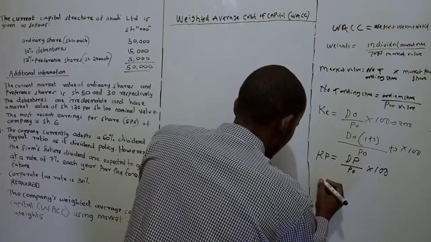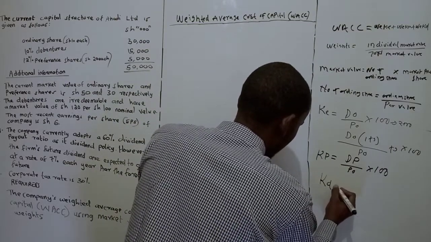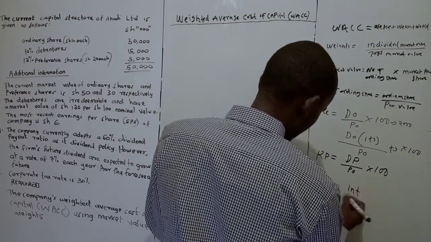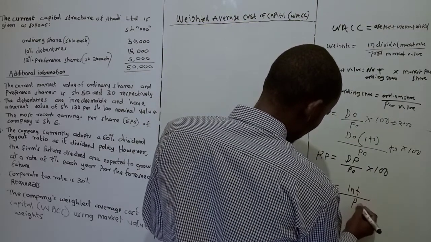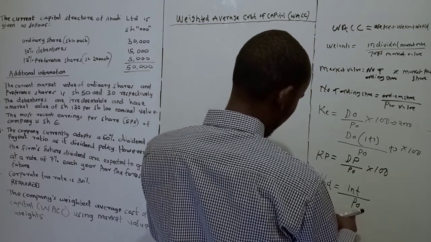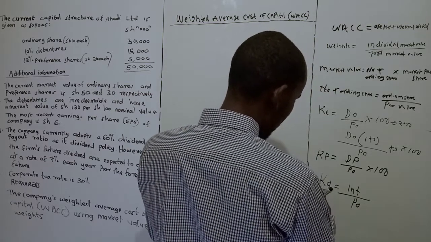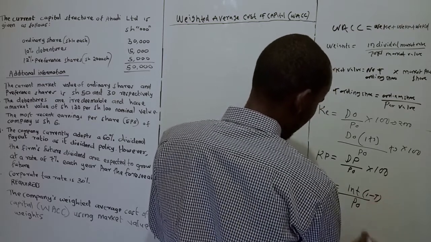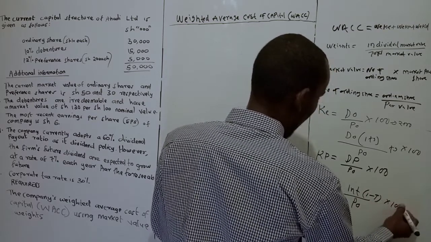And for us to get the cost of debt, we take the interest, then we divide by P0, the market price per debenture. This interest is subject to taxation, so times 1 minus T, then by 100.